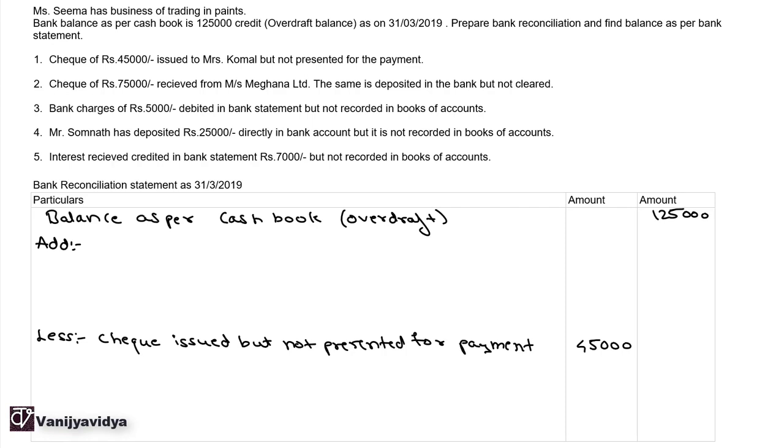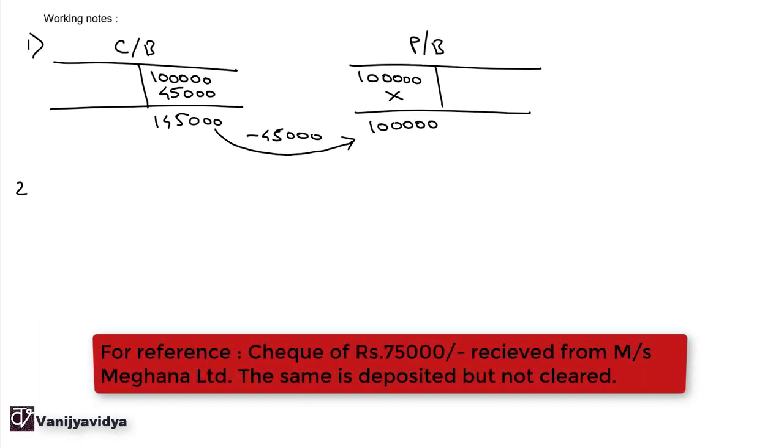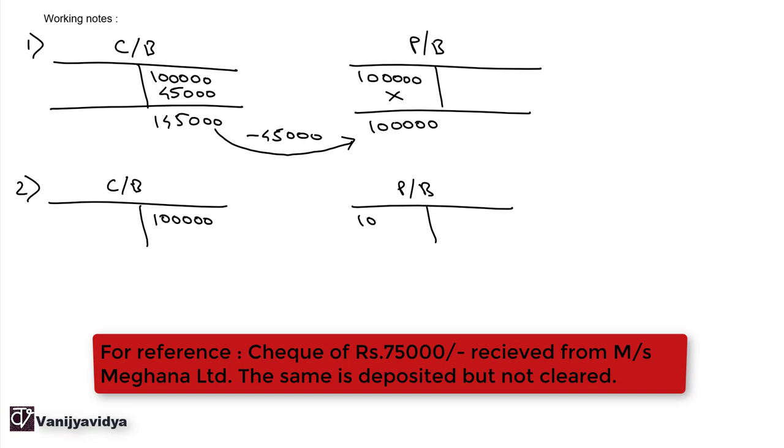Now let's prepare a working note for this. Second, cash book, passbook. 1 lakh on the credit side, 1 lakh on the debit side. Now you have to be very careful while preparing a working note for an overdraft balance.